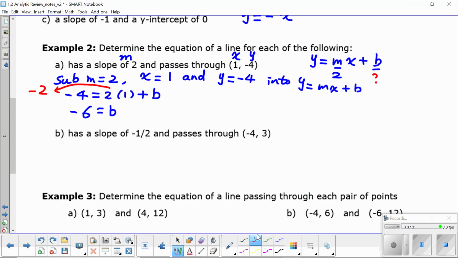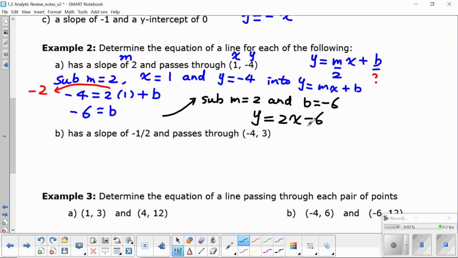And now you have the slope. So we continue. We sub m equals 2 and b equals -6 into this equation, and you will have y equals 2x minus 6.